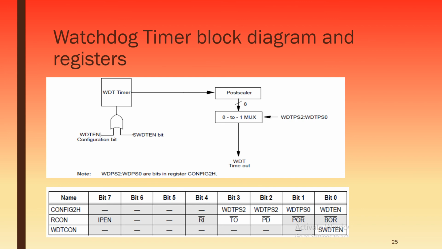Then in general, whenever we use configuration registers, there is a little difference. The registers are written a byte at a time. The sequence of events for programming configuration registers is typical.